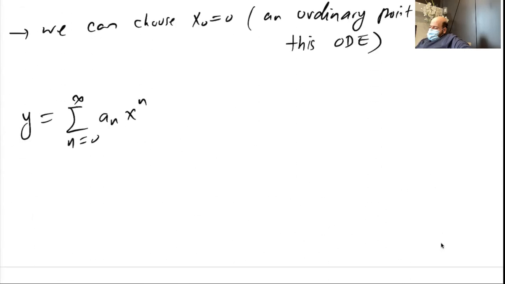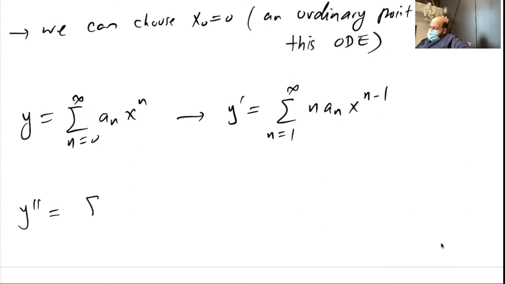Then what will be y prime? y prime will be sigma n a n x to the power n minus 1, from 1 to infinity. And y double prime will be the derivative of this function, which is sigma n times n minus 1 a n x to the power n minus 2, from 2 to infinity.